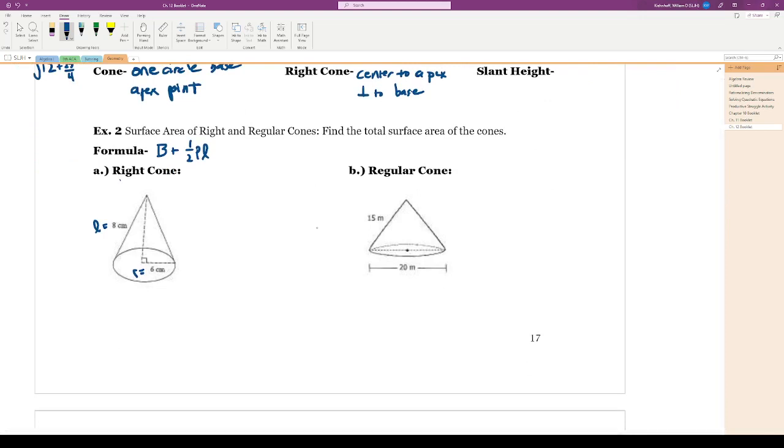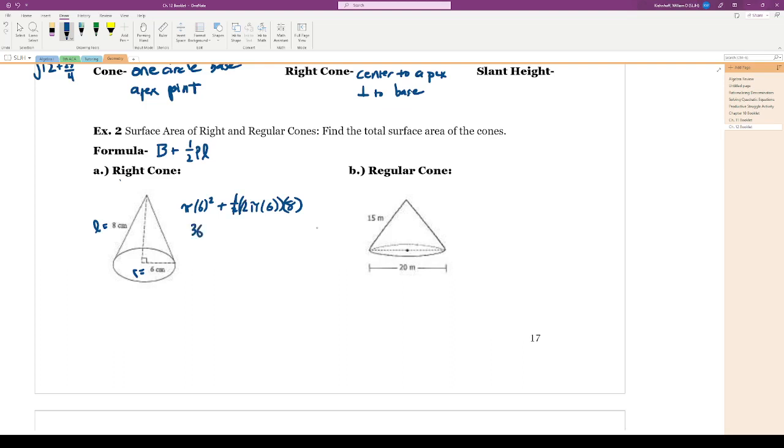All right, so both of these are going to be this simple formula. We're not going to have anything complicated like on the last one. So we have a slant height of 8 and a radius of 6. So our base area is pi times r squared plus 1/2. Our perimeter is 2 pi r. And then our slant height is 8. So simplifying, 1/2 and 2 cancel out.